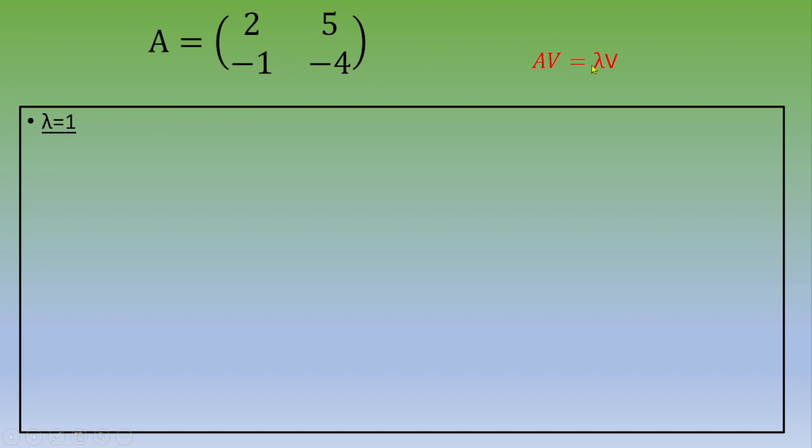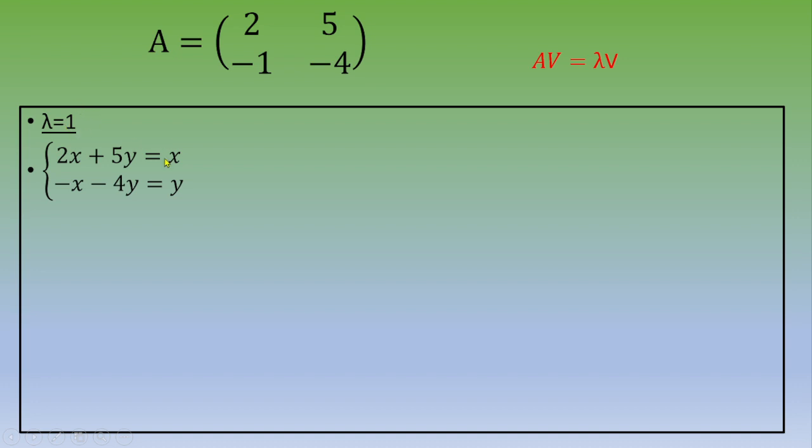And then you apply this formula and you end up with a system: 2x plus 5y equals x and negative x minus 4y equals y. On the left side, you've got the same numbers as you can find in this matrix. And on the right, you've got x and y, and in front of x and y, you've got this number, this eigenvalue.